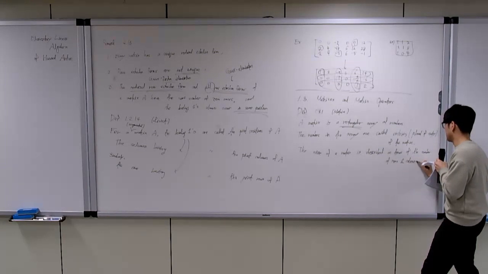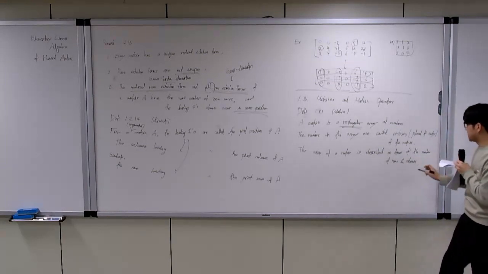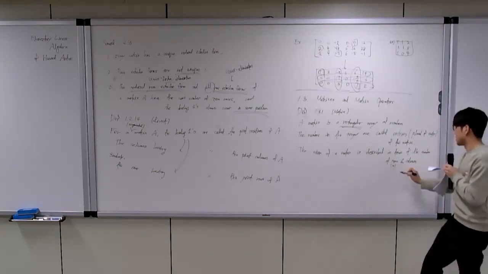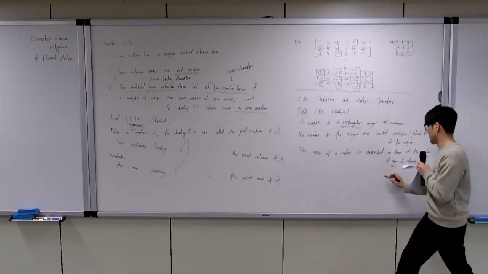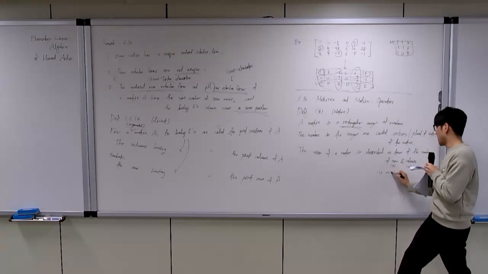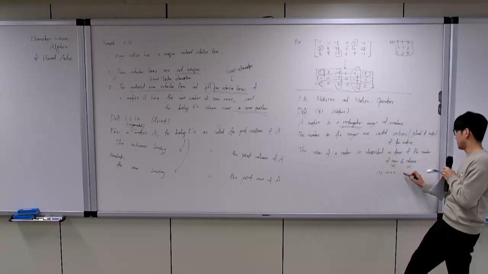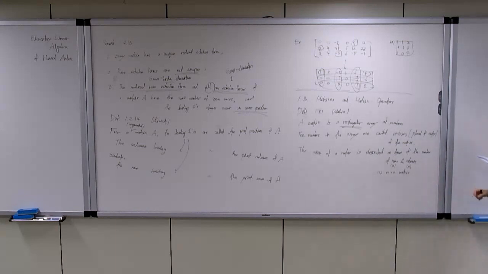So usually if there are m rows and n columns, then we say an m times n matrix, or m by n matrix.